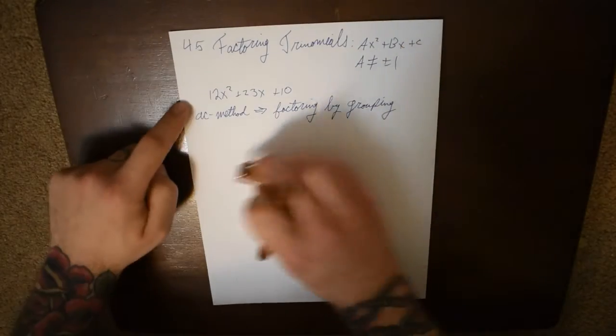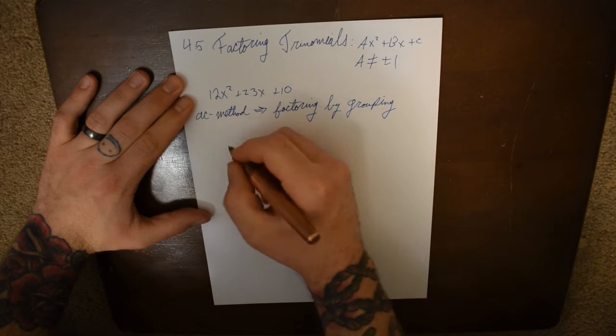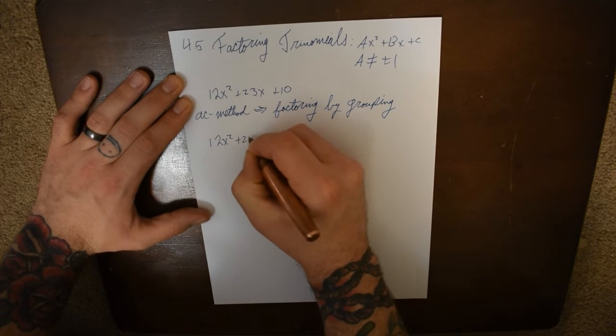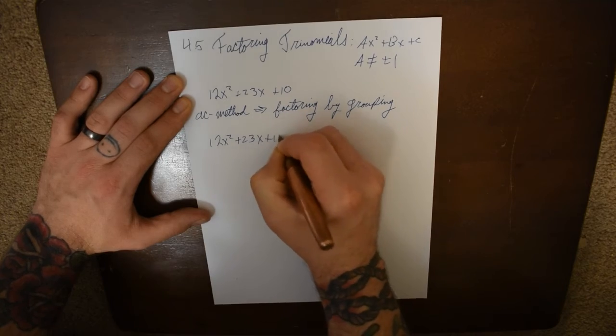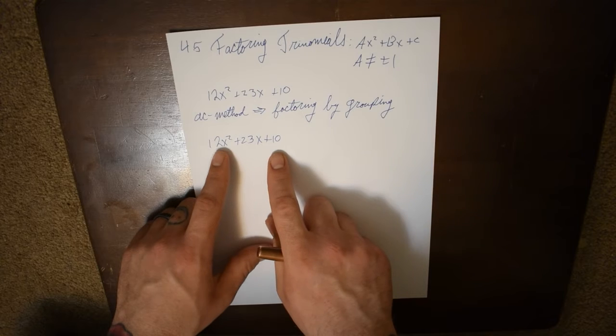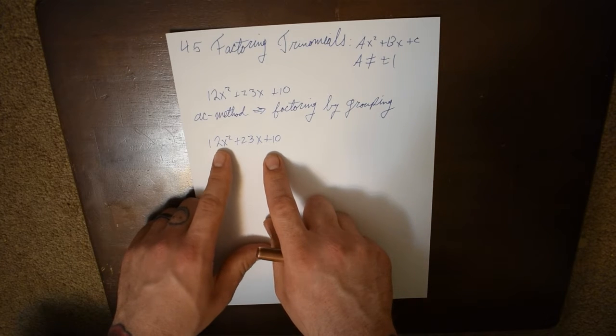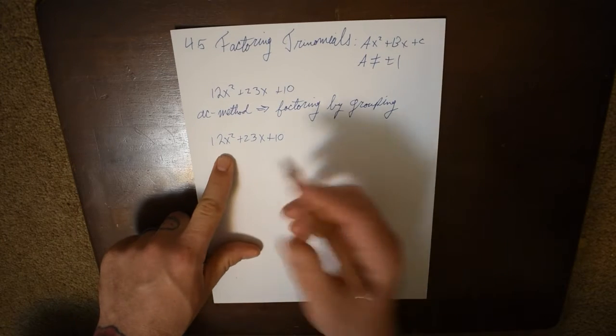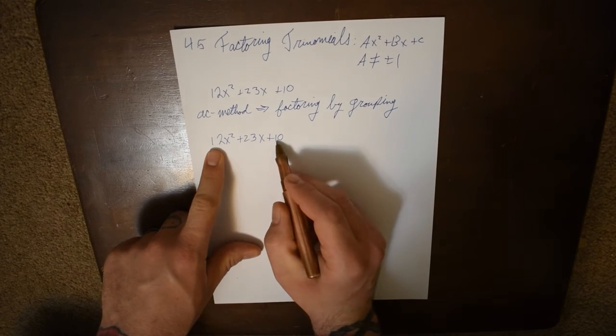So let's work out this example. Let's say we wanted to factor 12x squared plus 23x plus 10. So the start of these problems are going to be the exact same as the start of the problems in section 4.4, where we're going to multiply the first number times the second number.